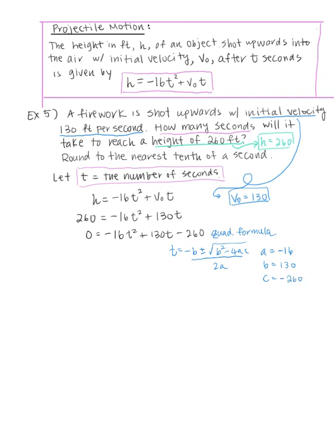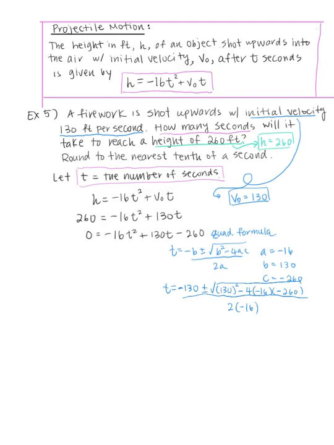Okay, we can do this. So ready? t equals minus b, so it's minus 130, plus or minus the square root of 130 squared minus 4 times a times c, whole thing divided by 2 times a.